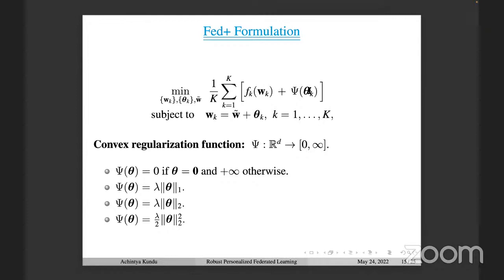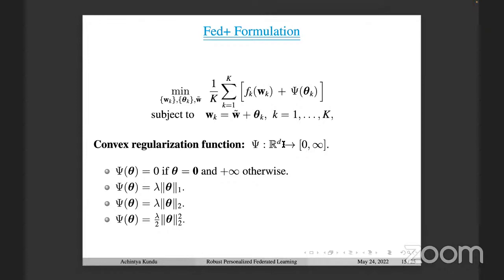This is where the robustness comes in. You can employ robust regularizers: one norm, two norm. The squared Euclidean norm is not going to give you robustness, but the other two, one norm and two norm, will. So this is the formulation that we want to solve.